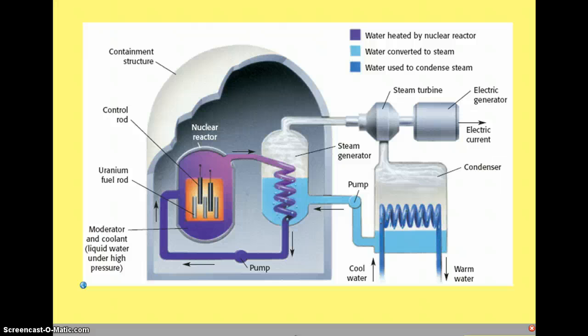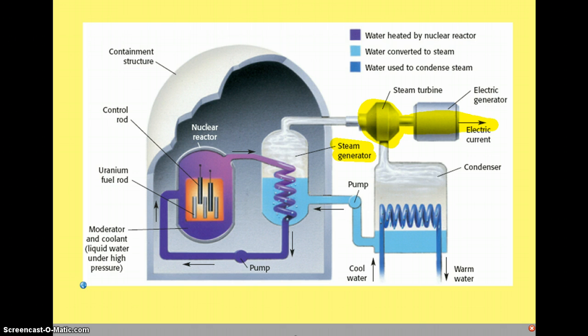Let's look at the nuclear power plants first. Here's a little diagram of how they work, which I think is important, especially since we live so close to one. But any electricity generating plant is going to be near the water, because essentially we need to turn water into steam. And once we do that, that steam turns a turbine, which is attached to a generator, which creates an electric current.